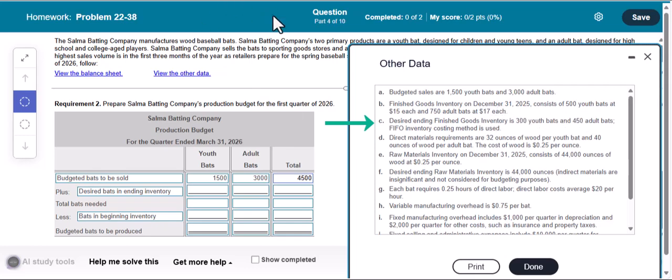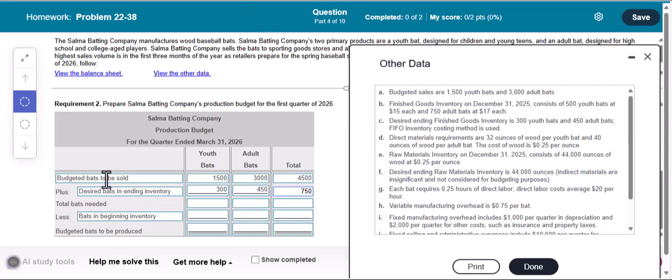So after we sell 1,500 youth bats, we want to have 300 left over. So we'll go ahead and input that 300. And then as for the adult bats, after we sell 3,000, we want to have 450 left over. So then we add those desired bats in ending inventory together for a total of 750 bats.